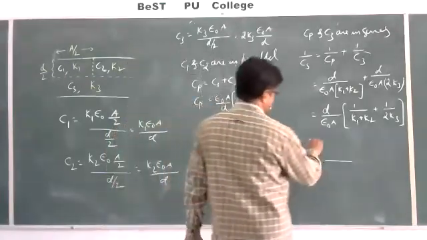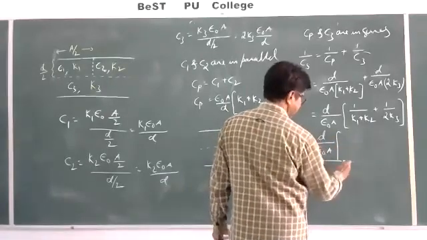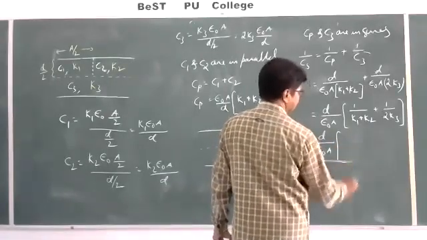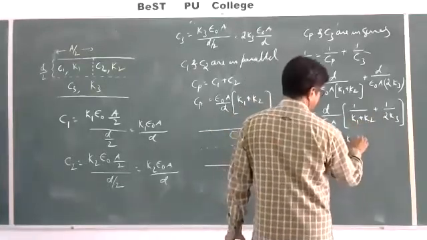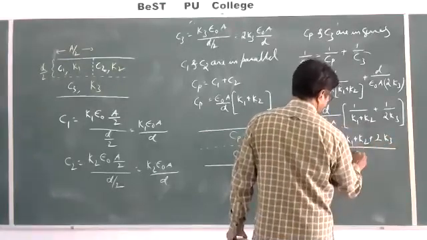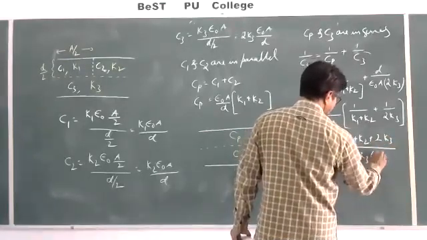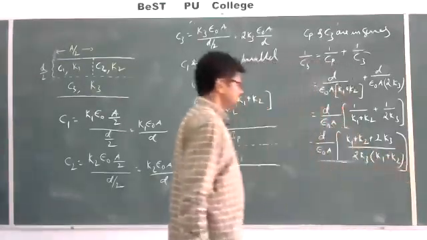Now if I take an LCM, D by epsilon naught A into K1 plus K2 plus 2K3 by 2K3 into K1 plus K2, that is the LCM.